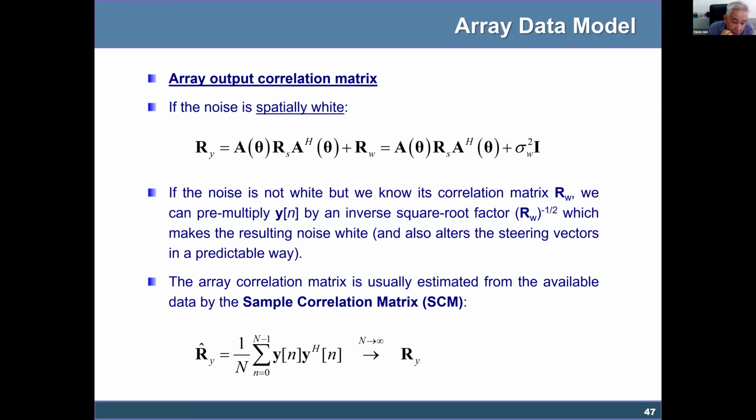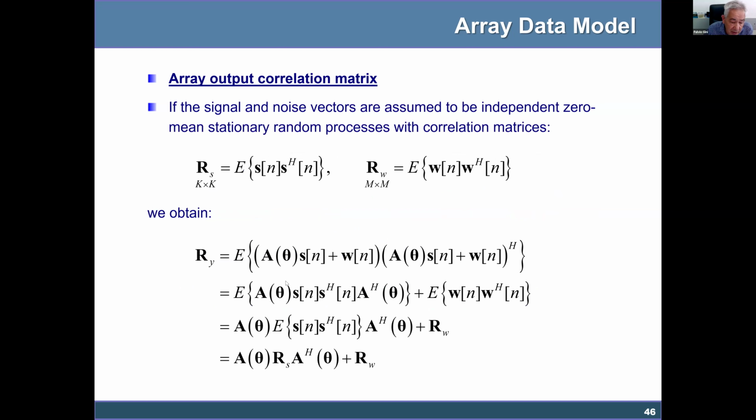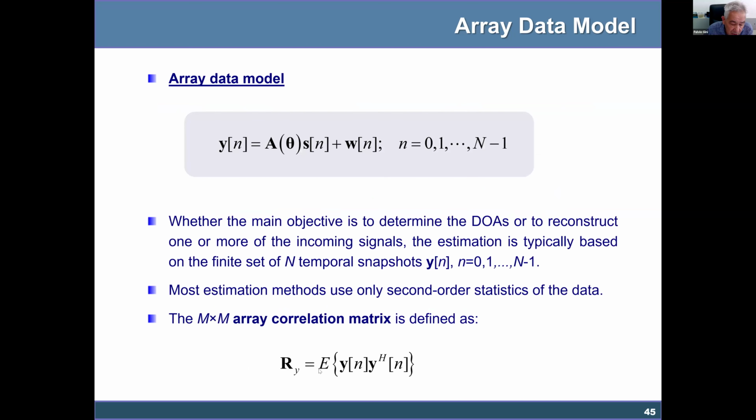One possible estimator, as you probably know, is the sample correlation matrix. So we have n snapshots. We can't calculate this expectation, so we replace the expectation with the arithmetic average over time.